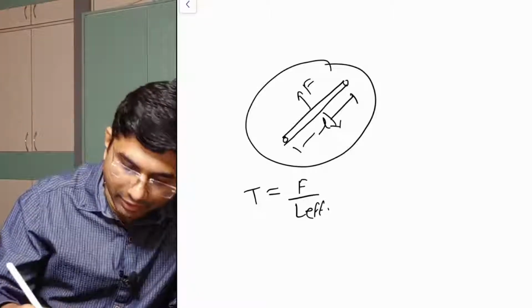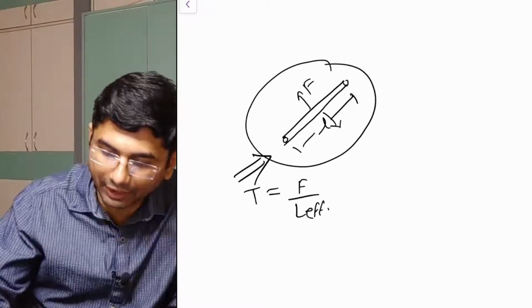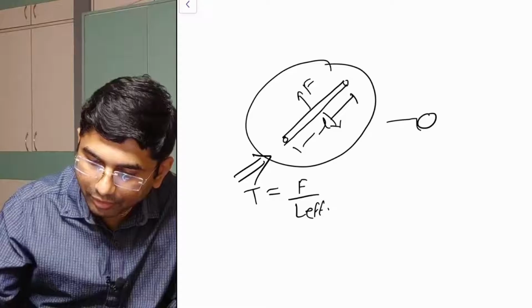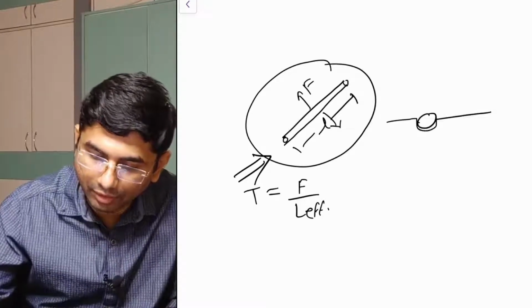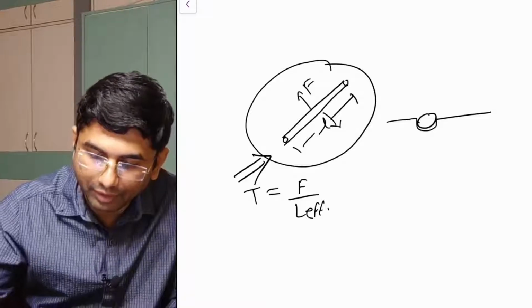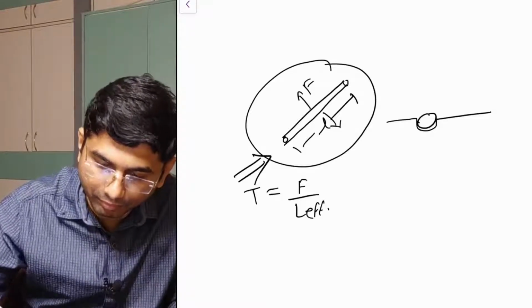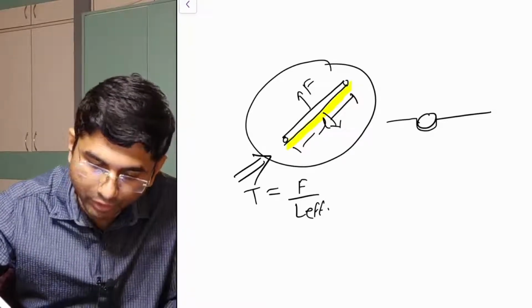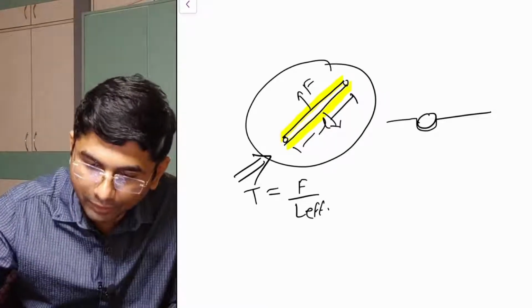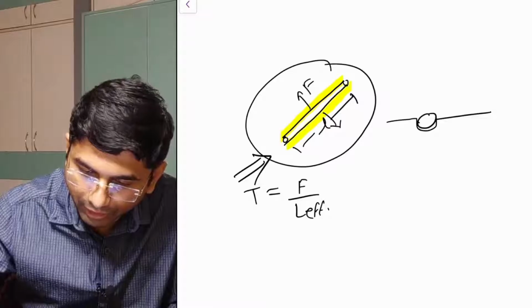Here the effective length is what? If I see this object from this direction, I can see there is a water level here, and that rod is there. Now there are two lengths: one length here which is experiencing force, and another length here which is also experiencing force, and the net force is in this direction.